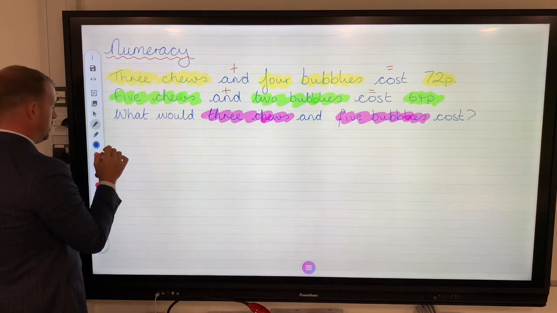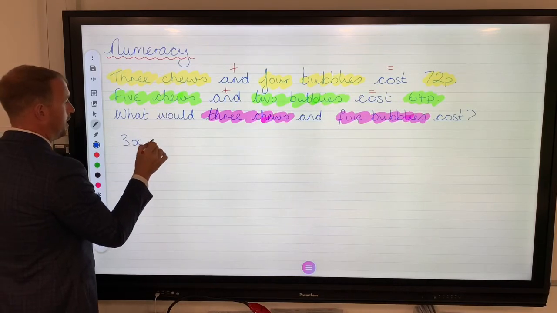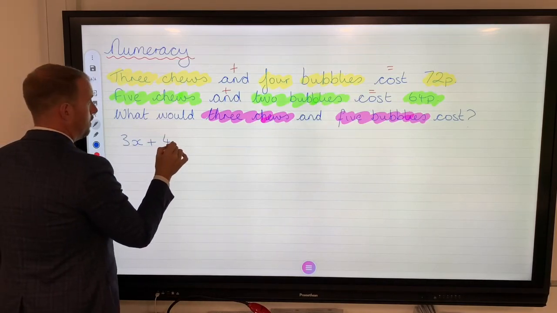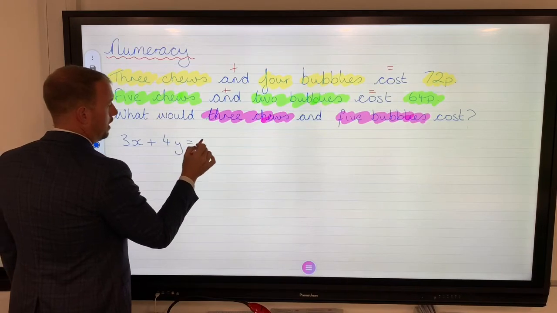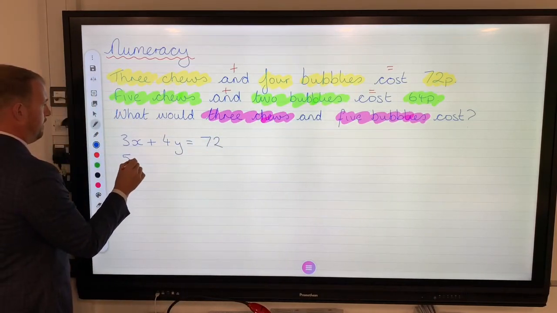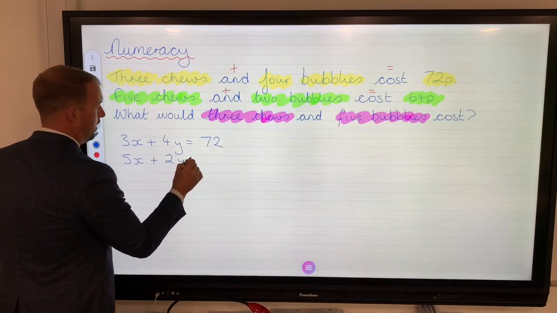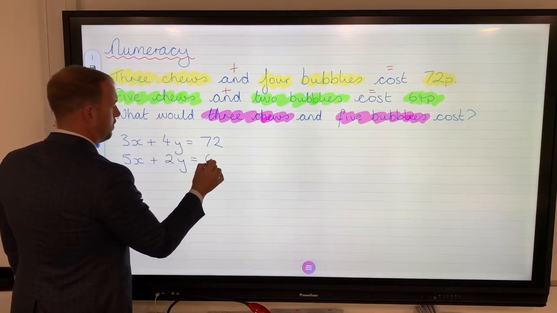So let's make this look like 3x plus 4y equals 72. I then got 5x and 2y for 64p.